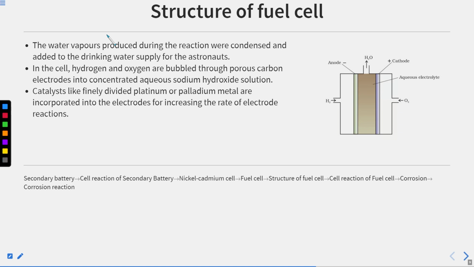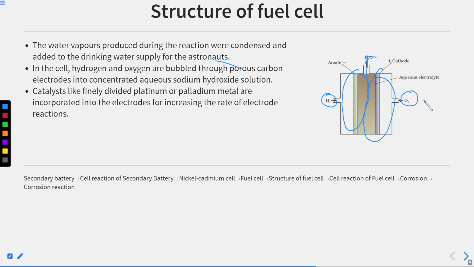If you look at it, we have an anode and a cathode. We have water coming out from this outlet, and the species that get oxidized and reduced are introduced from both sides.